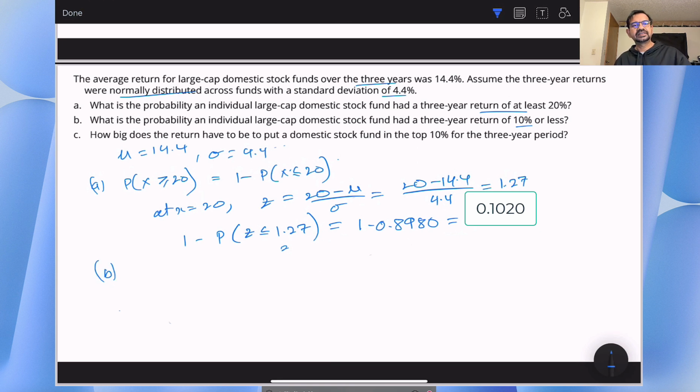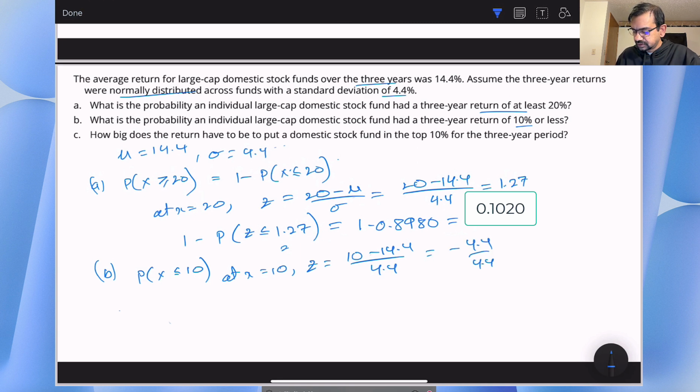Now let's look at part B. Part B asks us, what is the probability that the return is 10% or less? To find the probability that our return is less than 10%, again, we'll find the z value at x equals 10. So our z is 10 minus 14.4 divided by 4.4, which is minus 4.4 divided by 4.4, which is negative 1. So we have to find the probability that z is less than negative 1.